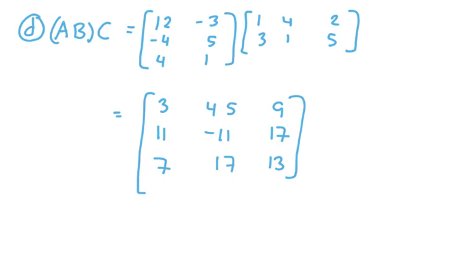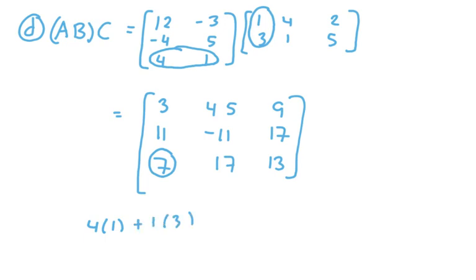Again, it's a dot product. Notice this entry is in the third row, first column. So I'm taking the third row of AB, 4 times 1 plus 1 times 3, and I get 7. That's literally how this works.